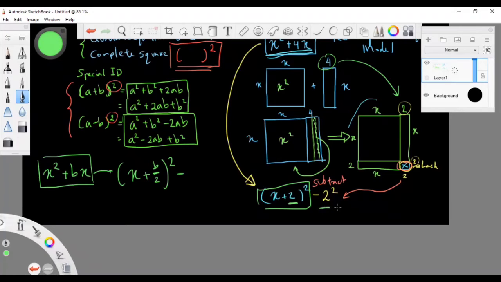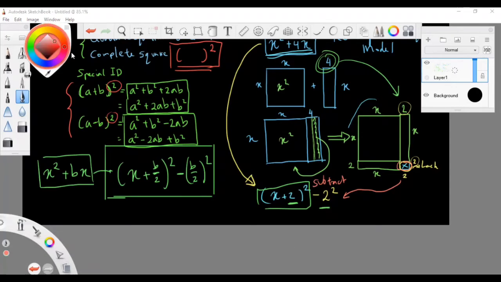What is 2 actually? 2 is the half of 4. B over 2 bracket square. So this will be the simple formula for the conversion of a simple expression of quadratic to a complete square form.